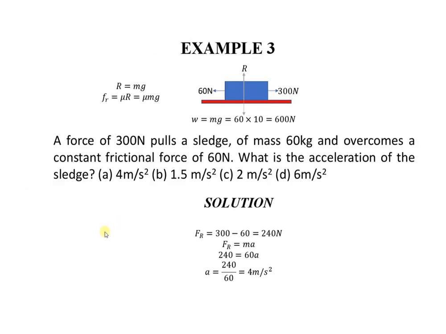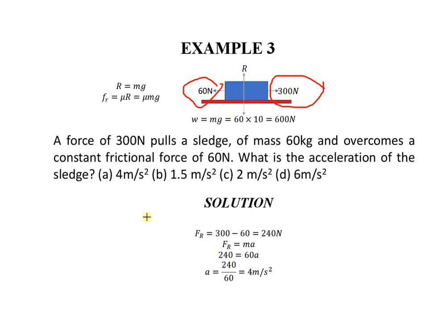Let's look at an example on that. A force of 300 Newton pulls a sledge of mass 60 kg and overcomes a constant frictional force of 60 Newton. What is the force applied? 300 Newton force is applied. And the frictional force opposing that 300 Newton is 60 Newton.